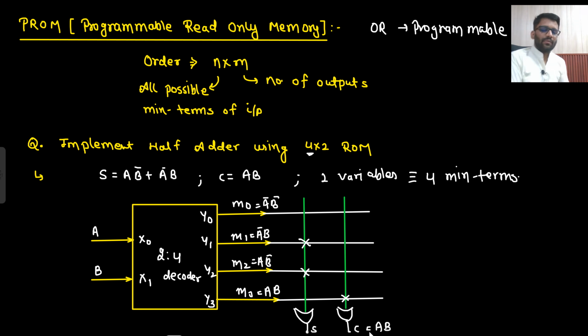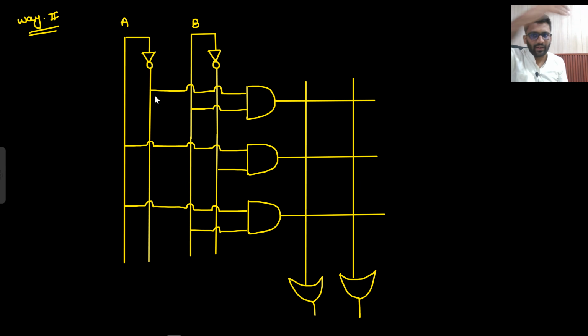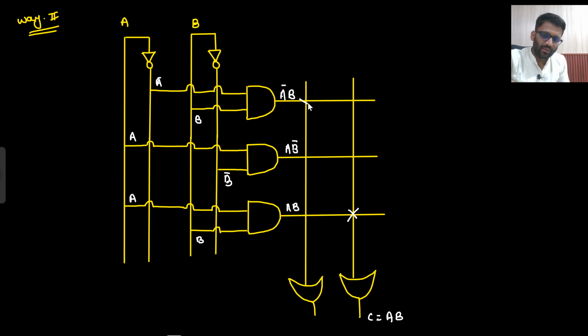This is the sum. This could be the other way of representing it, right? From here A bar is coming and from here B is coming. So A bar B. From here A is coming and from here B bar is coming. A B bar. From here A is coming and from here B is coming. So this is your AB. If I cross on this, that means here AB is being fed. If I cross on this, that means A bar B and A B bar is fed here. This is your sum.